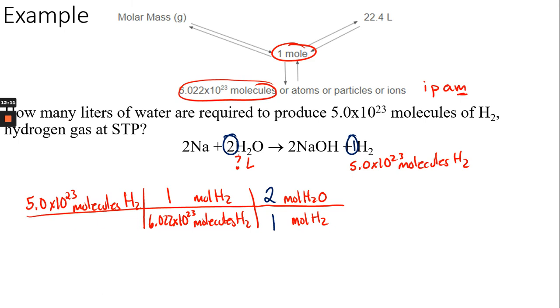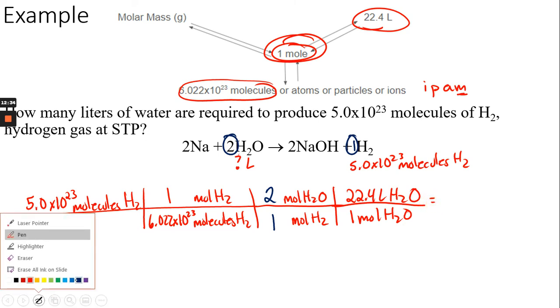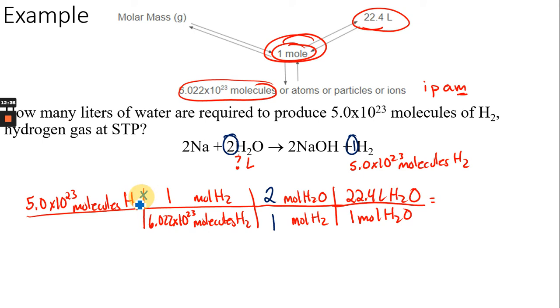Then we want to convert to the unit that we're looking for. In this case, the question wants liters. So again, looking at our roadmap, mole to liters. So 1 mole is 22.4 liters. That unknown unit and substance should always be what ends the problem, ends the table. So now when we go through and multiply, don't forget to use that special button, which is that EE button or EXP button on these 2 values.